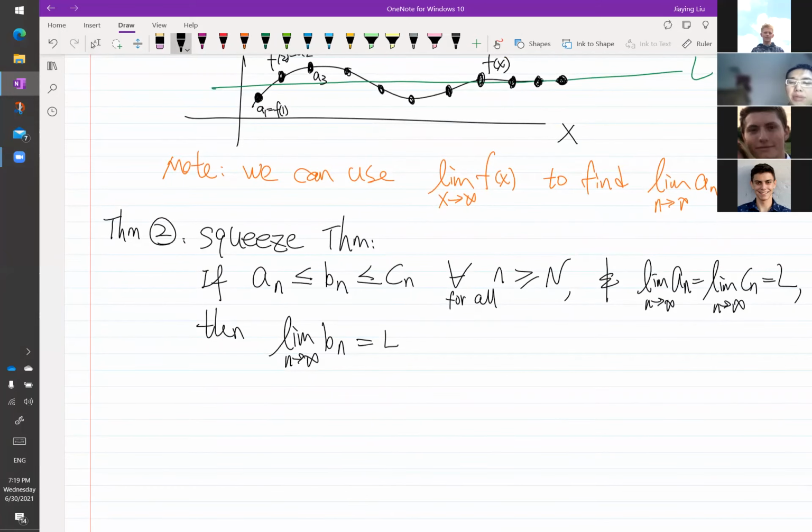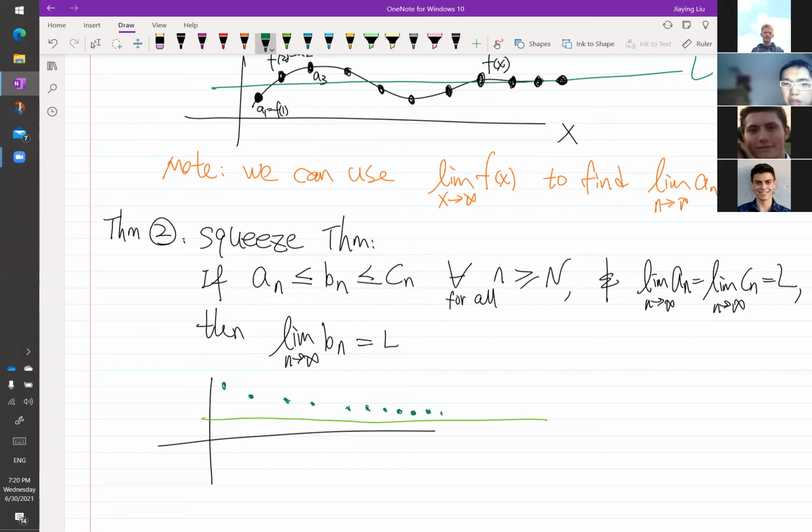I'm going to use a very simple diagram, hopefully, to show this. We have, this is the a_n sequence. Let's say the a_n approach some number. Let me use this color to draw the limit. So this is the limit, and the a_n sequence is approaching that limit. And the c_n, oh, I drew it wrong.